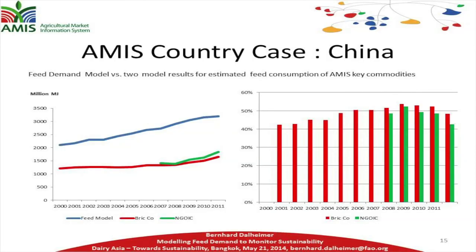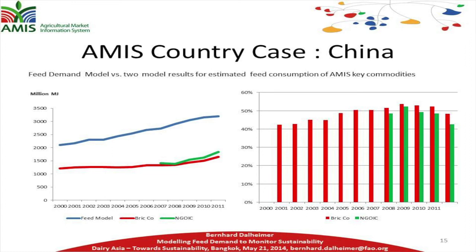In China, the situation is a little bit different. The red and the green line represent estimations from private consultancy firms, but these are only the 4 key AMIS commodities.